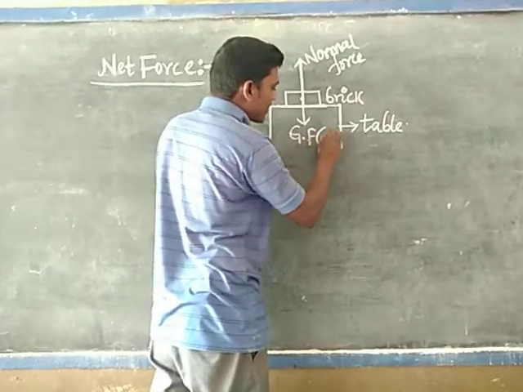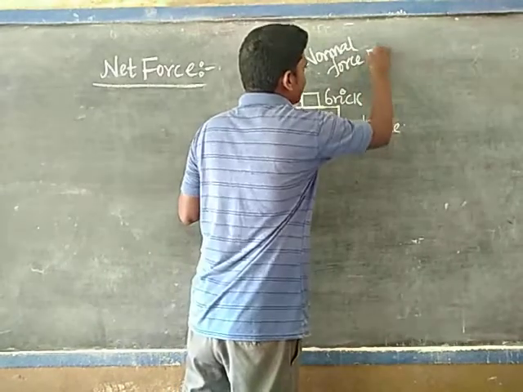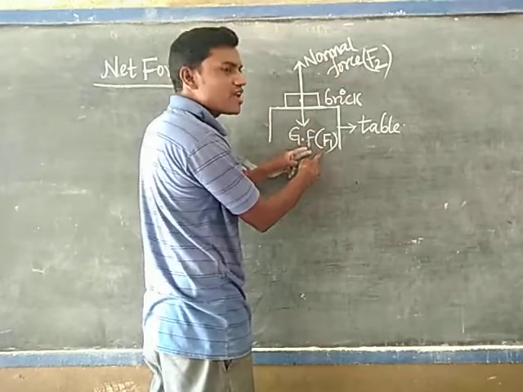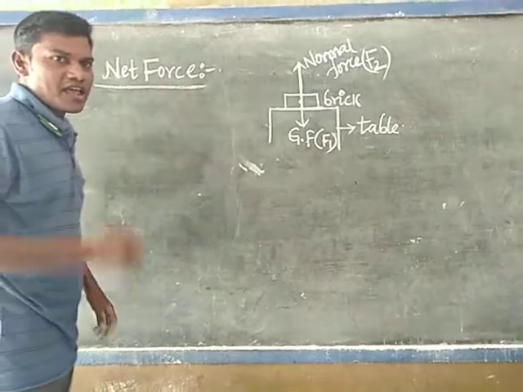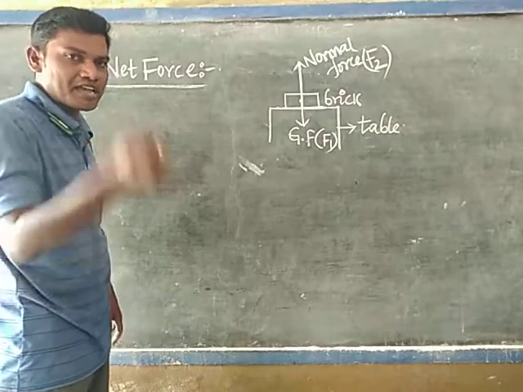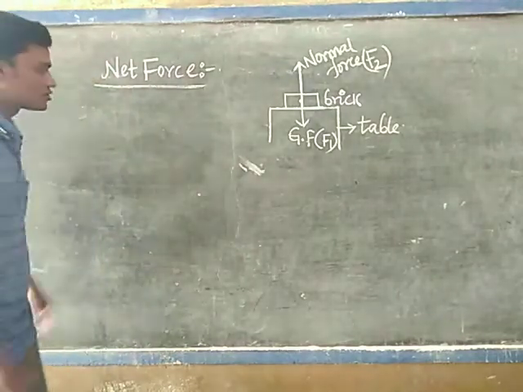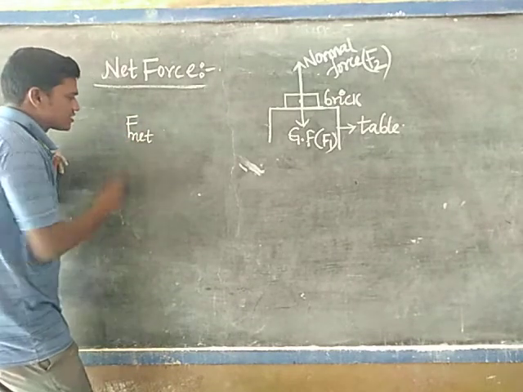We consider the gravitational force as F1 and the normal force as F2. That is your wish only. So if two or more forces are acting on a body simultaneously, that force is called which one? Net force. We can write F net, meaning net force.